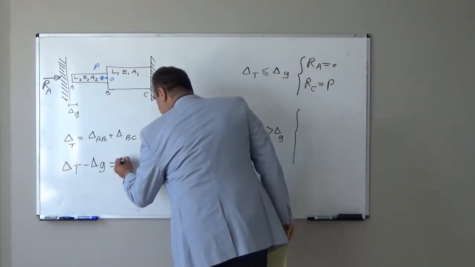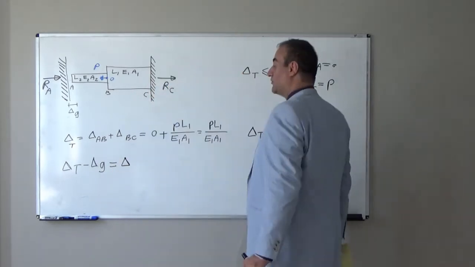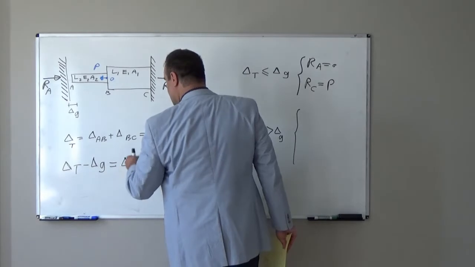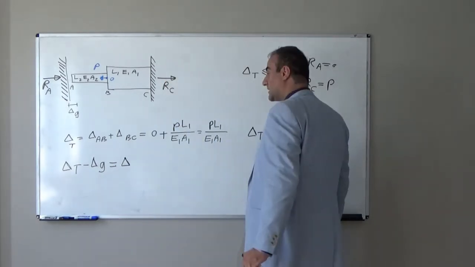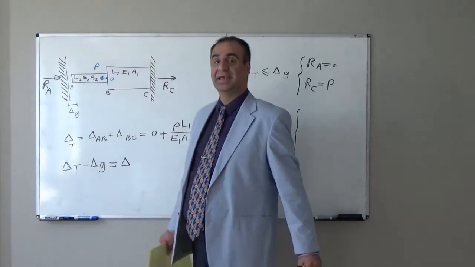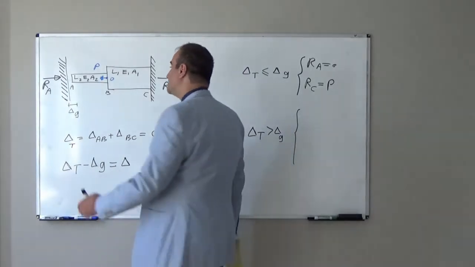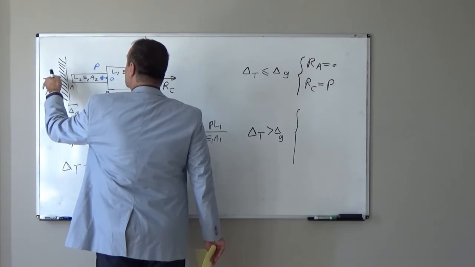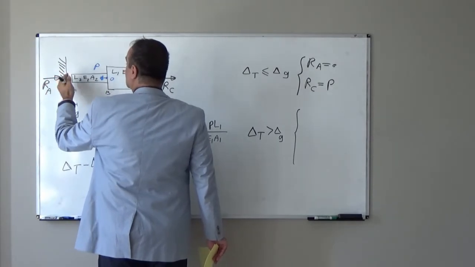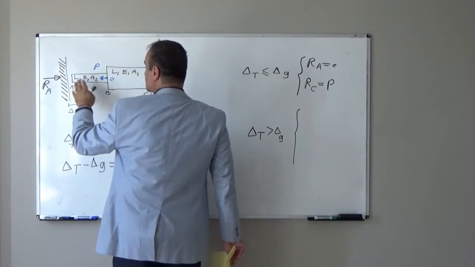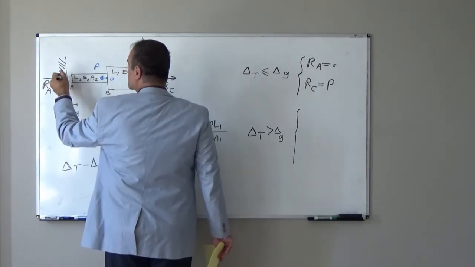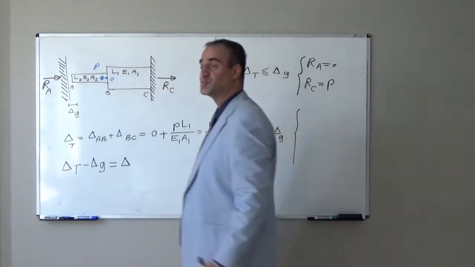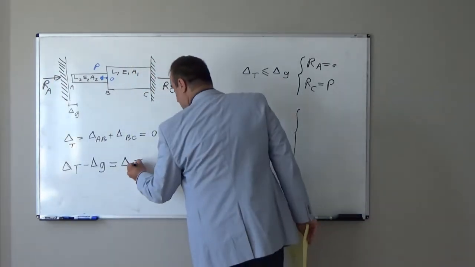So that deformation is delta T minus delta gap. This deformation delta will cause a reaction at point A. But because we have support here, this reaction will not allow this rod to move any further. So it will restrict here. How much force should apply? We don't know.